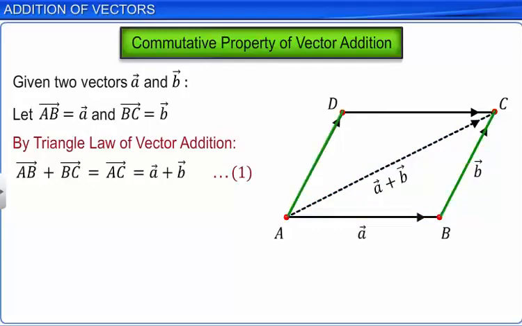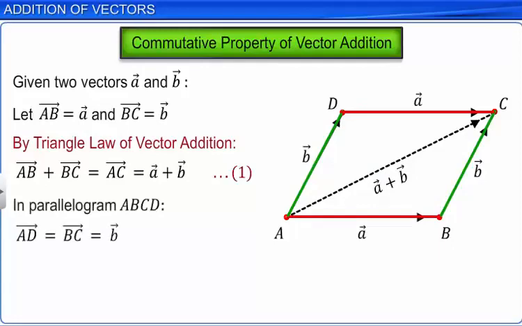Since the opposite sides of a parallelogram are equal and parallel, vector AD is equal to vector BC, and vector DC is equal to vector AB.